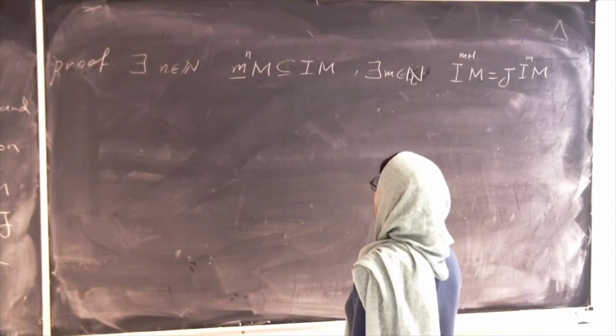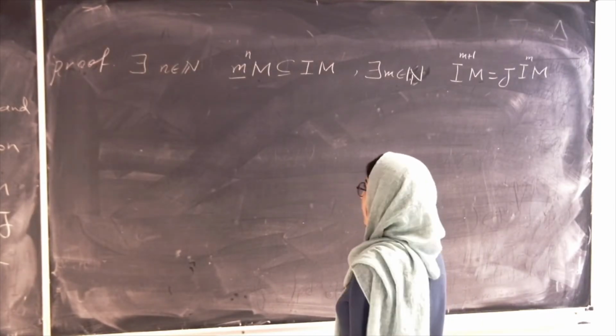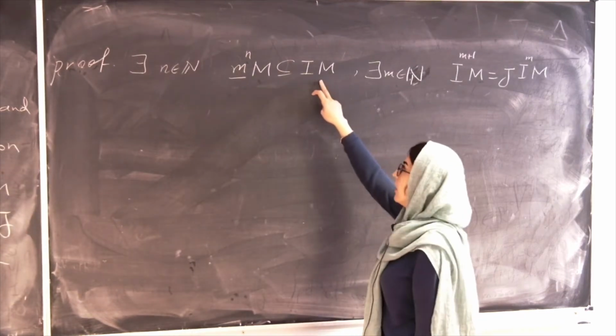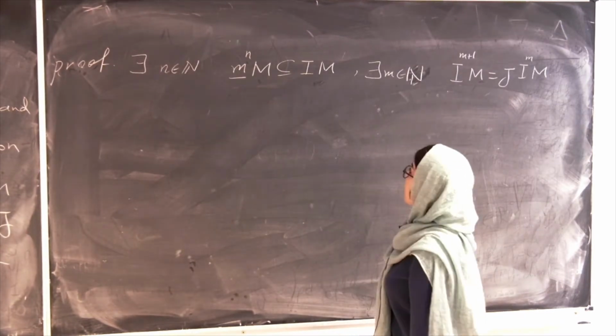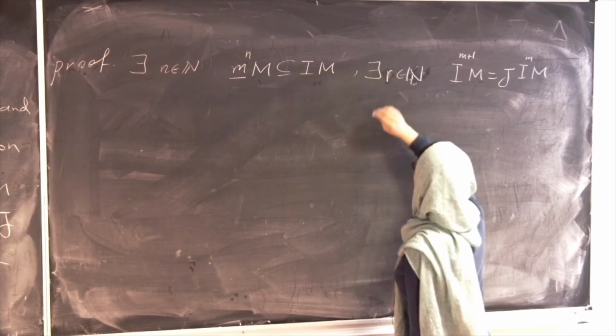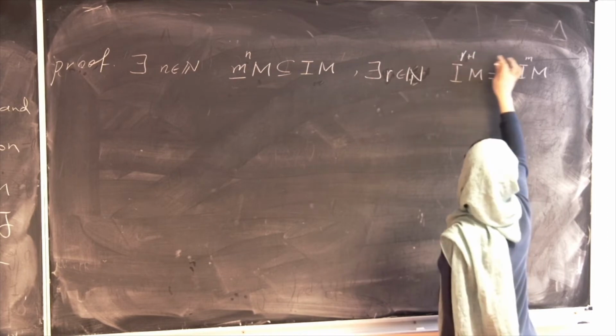So we just need to prove that some power of the maximal ideal times M is included in JM. This is easy. Let me change this because now we have a lot of M here. Let's call this r.